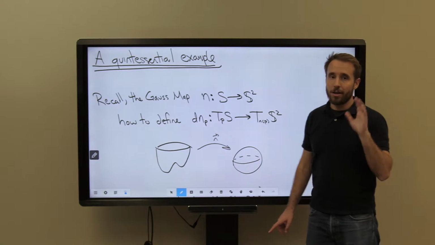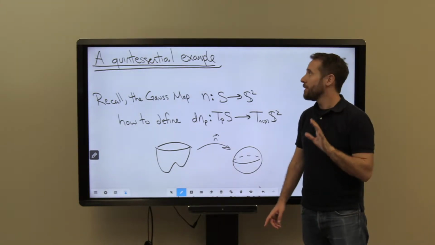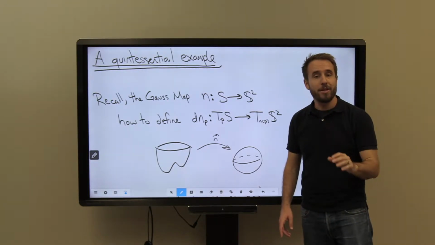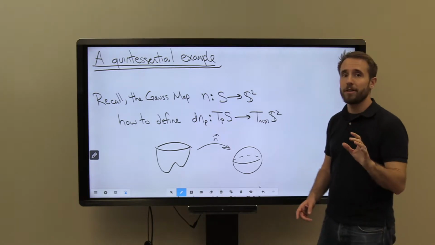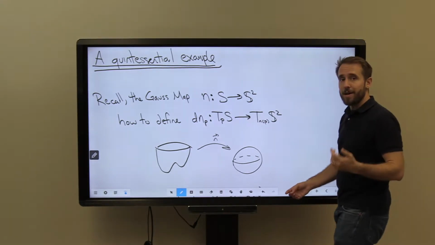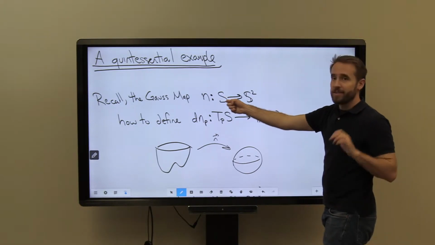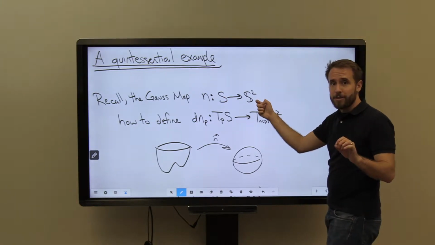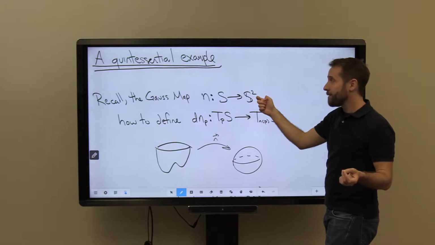We just saw a quintessential example of a function between two surfaces, and that was the Gauss map. Recall, our Gauss map was a function from one surface S to another surface, specifically the unit sphere.